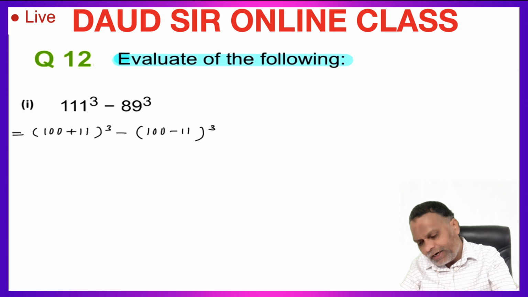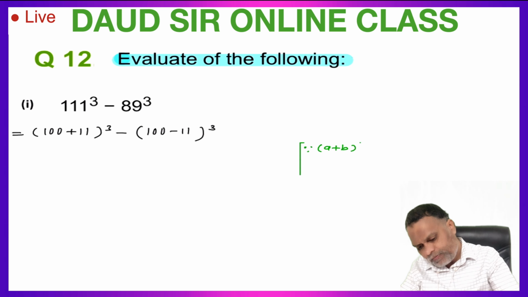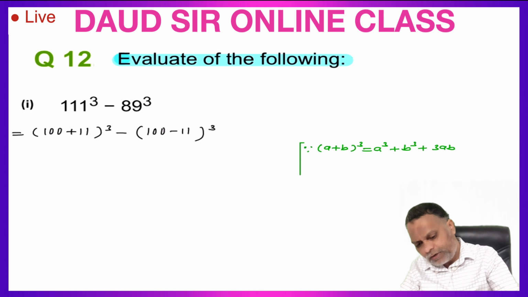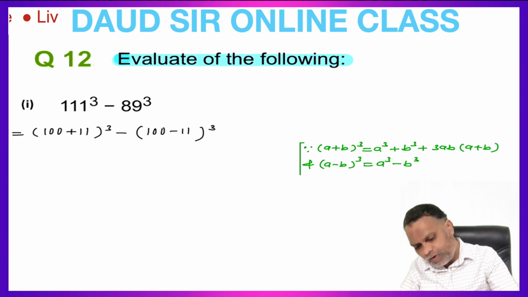So what are the identities? (a plus b) whole cube is equal to a cube plus b cube plus 3ab into (a plus b), and one more, (a minus b) whole cube is equal to a cube minus b cube minus 3ab into (a minus b).